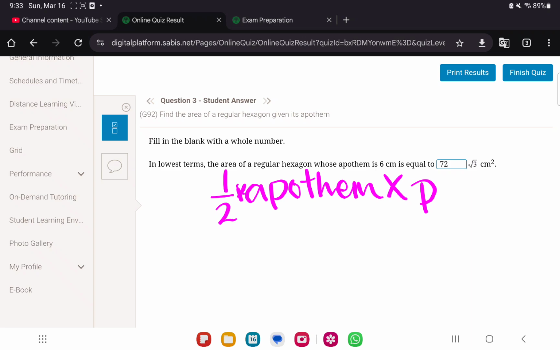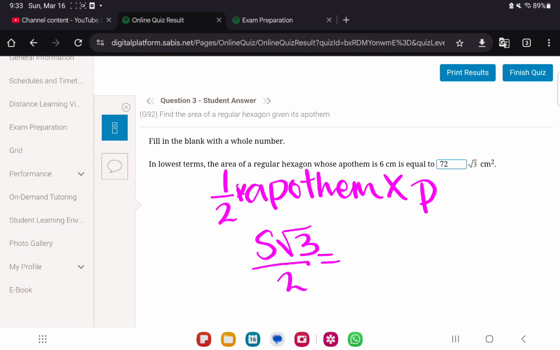Okay, so here they give you the apothem, but they don't give you the side or the perimeter. So we're going to find the side using the apothem. The rule for the apothem is the side times radical 3 over 2 equals the apothem.